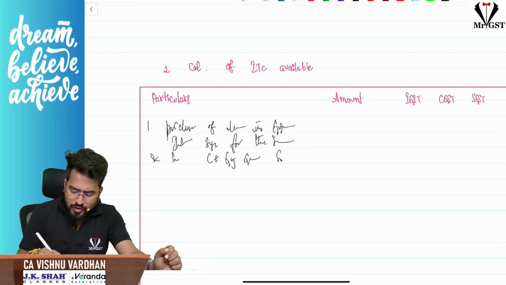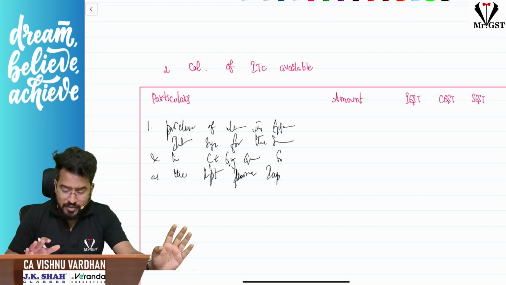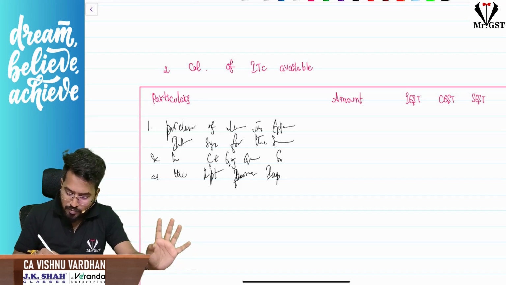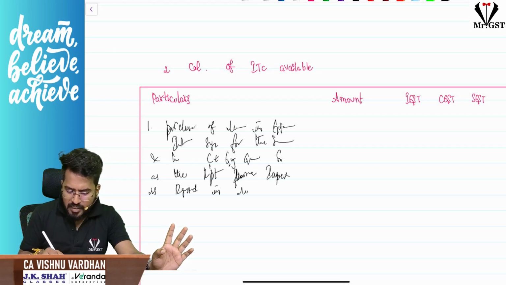As the recipient, Purva Impex Limited is registered in Maharashtra, not eligible for availing ITC. I am doing it so fast just to make sure your time is saved. So you write neatly, properly, accordingly.